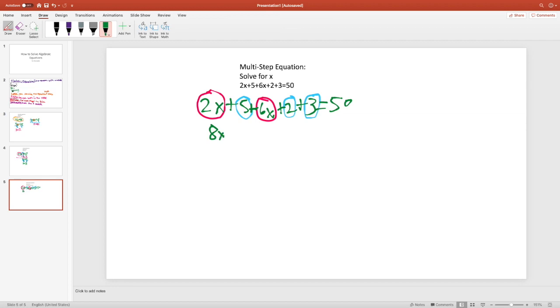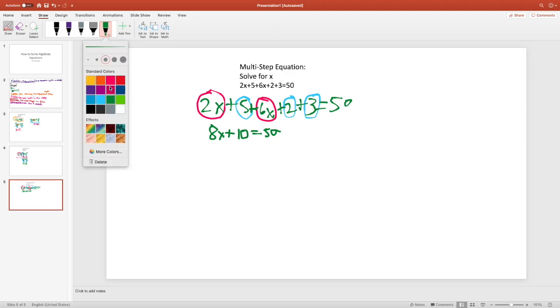Now we are going to do the same thing to the constants. 5 plus 2 is 7. 7 plus 3 is 10. So we're going to have plus 10 equals 50. Now it looks like a two-step equation.